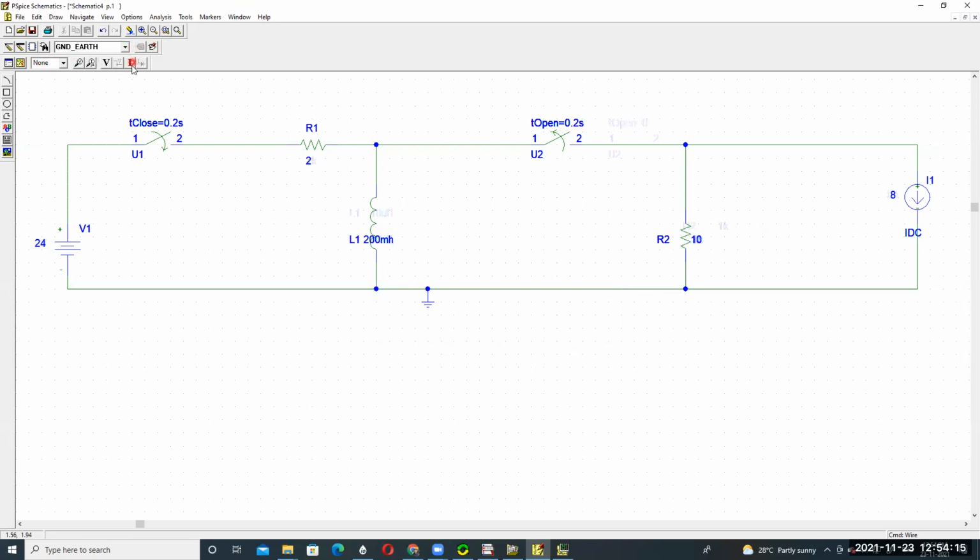Connect this on the inductor. After this, each and every element is adjusted like this. Okay, and then T close and T open, and then save.